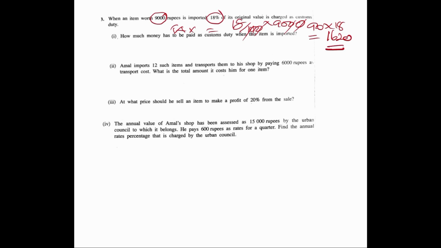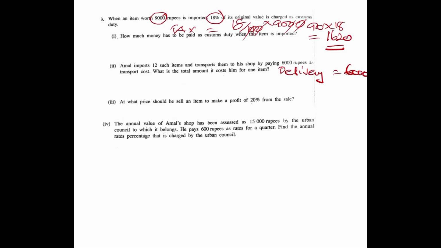Second question: Amal imports 12 such items and transfers them to his shop by paying 6,000 rupees. That's the delivery charge. He bought 12, so we need to work out how much it costs him.